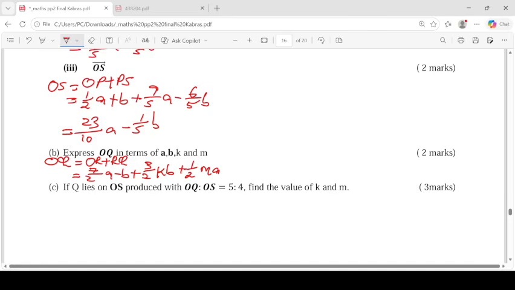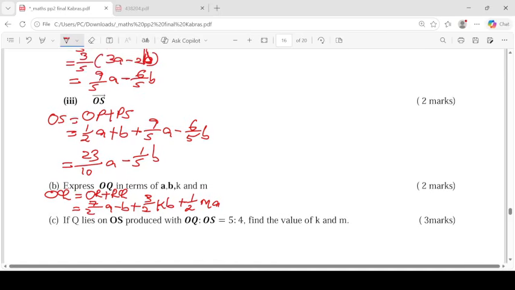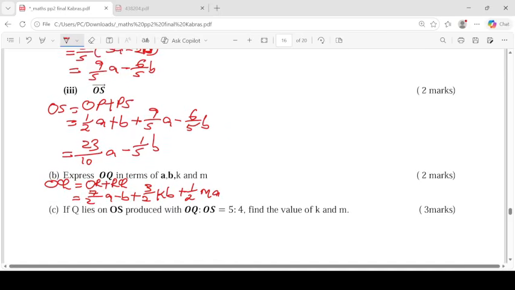Remember they said to simplify our answers as much as possible. Here I can collect the like terms: 7 over 2a plus a half ma. A is common here, so I can say a into 7 over 2 plus a half m.